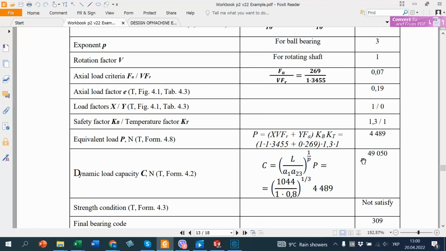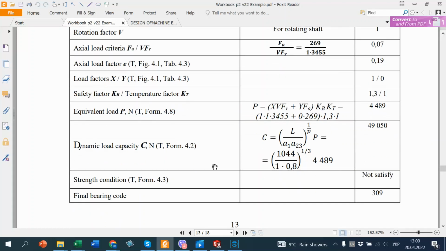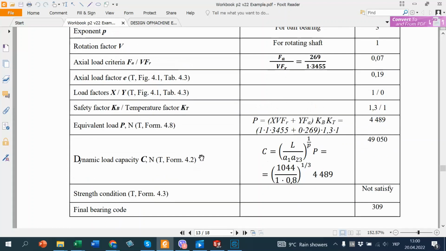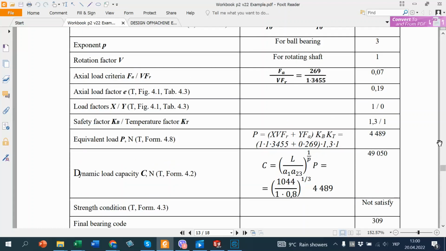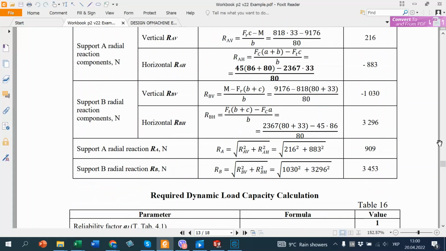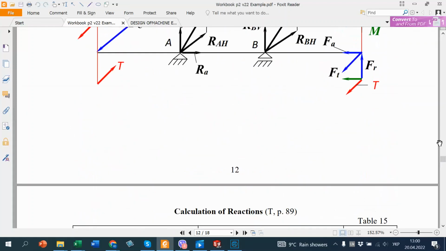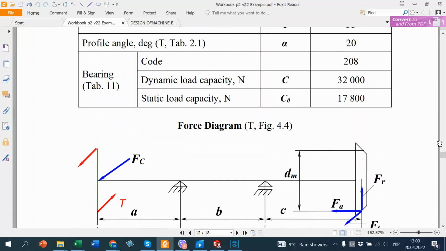Now we should consider the strength condition. In my case it is not satisfied because the catalog dynamic load capacity is 32. We need 49.